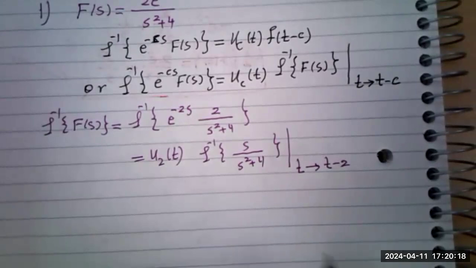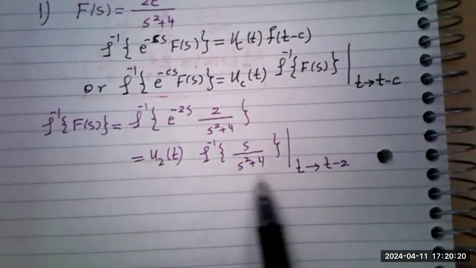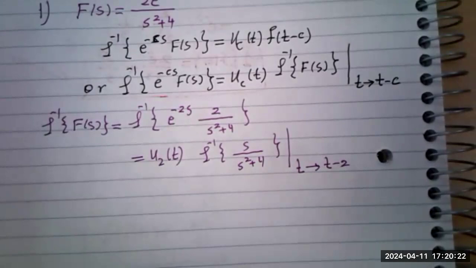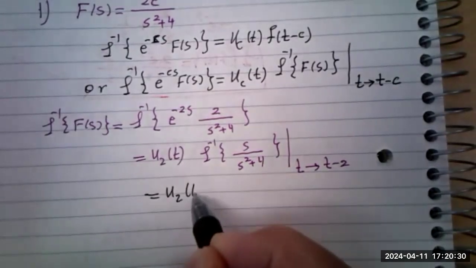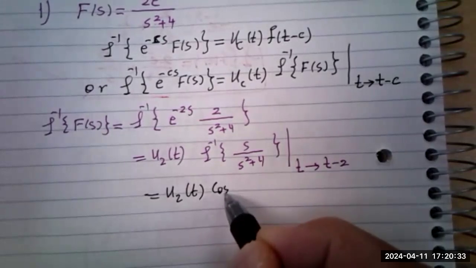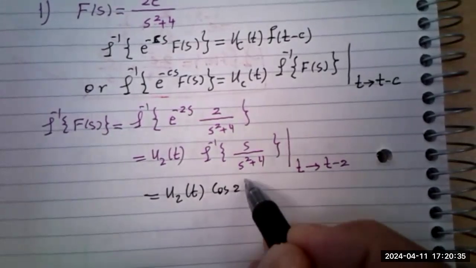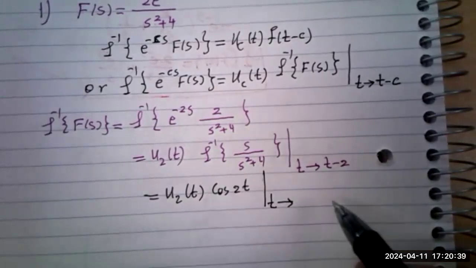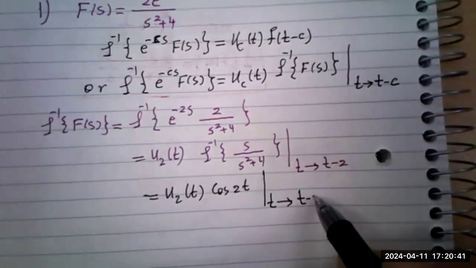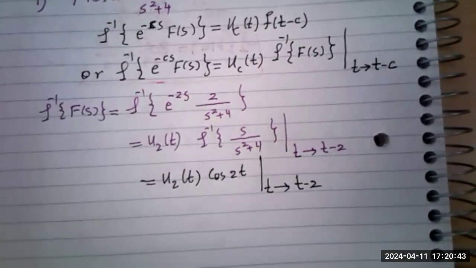Now this is easy to find. What is the Laplace inverse of s over s squared plus 4? Cosine of 2t. So this is going to be equal to u_2 of t cosine of 2t, but you have to change the t into t minus 2.